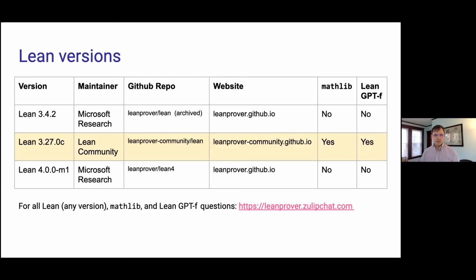It's not going to be extremely compatible. But a lot of work has been put at the time into developing a mathematical library called MathLib in Lean 3. So the Lean community has taken over the development of Lean 3 while Lean 4 is getting ready. So this work concerns the Lean community version of Lean 3, which you can find at these websites.